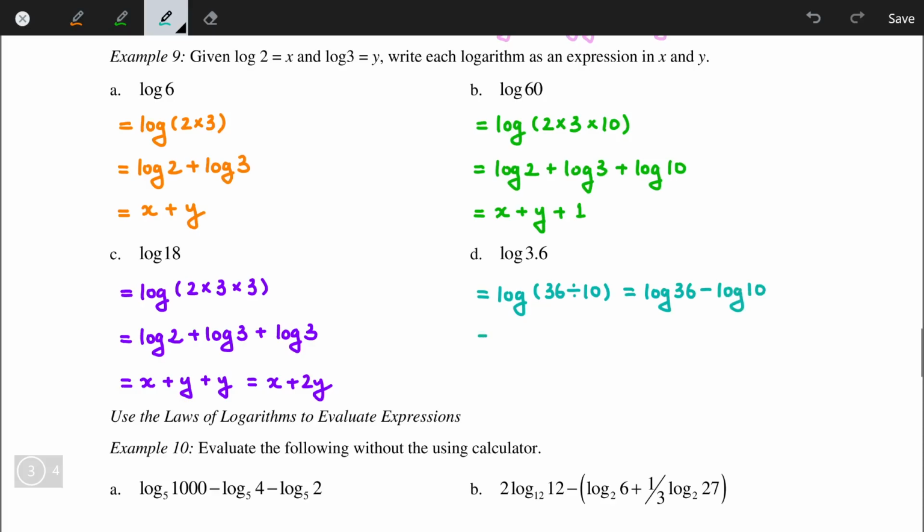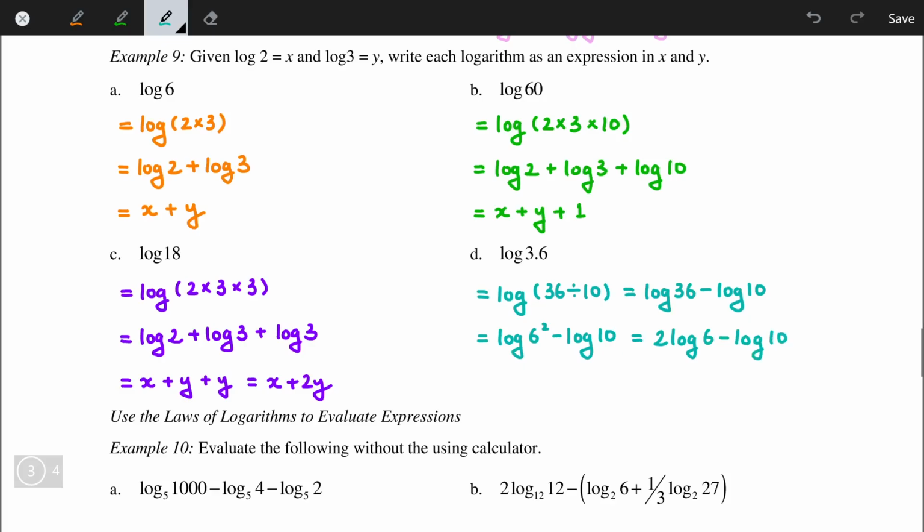Now 36 is 6 squared, so we can rewrite log 36 as log 6 squared, and then minus log 10, just like that. We can then use the power rule to move the 2, so we have 2 log 6 minus log 10.